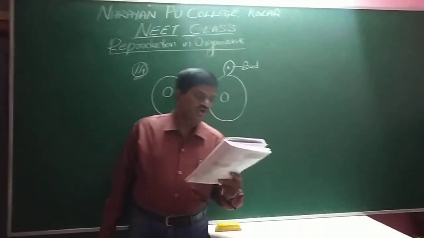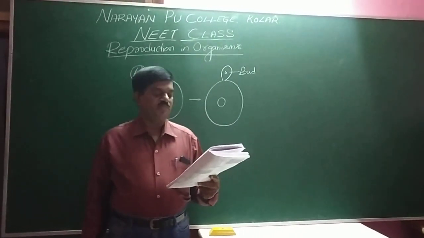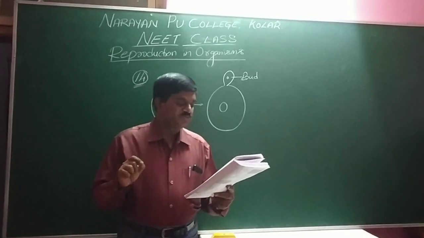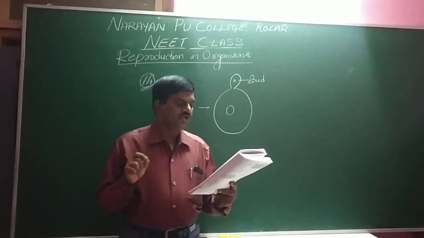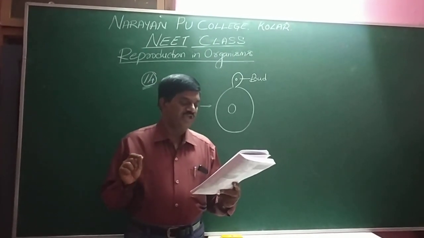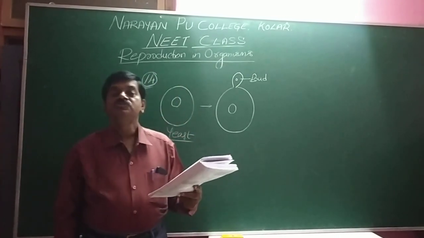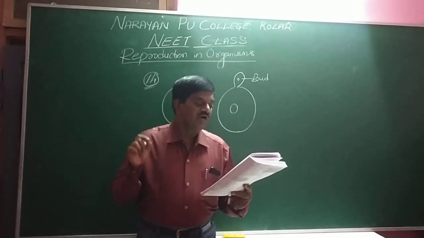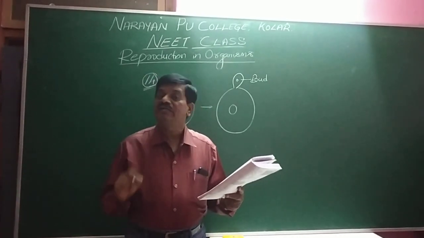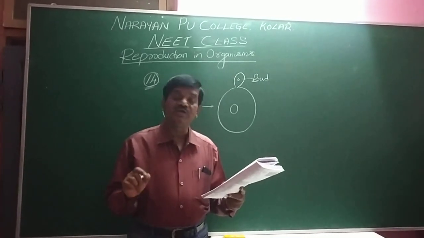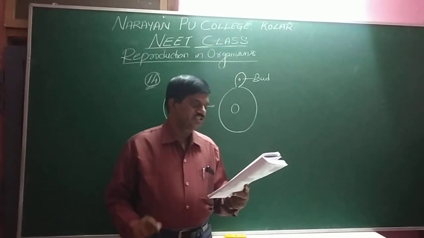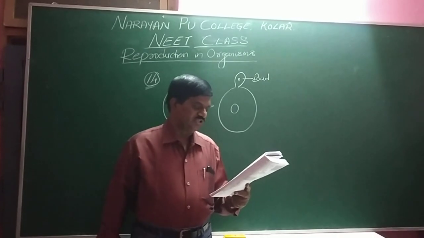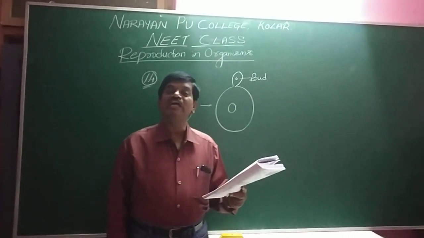15. Roots are used in vegetative propagation. Here it is mentioned about roots. First option, ginger. Here the ginger is an underground stem modification called rhizome. So this is not the root modification. Second option, chrysanthemum.